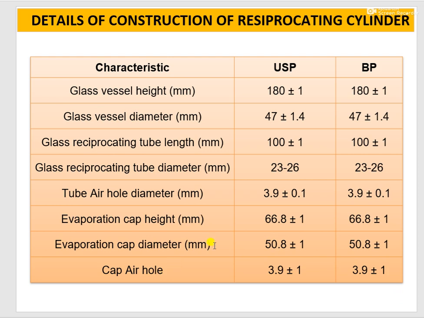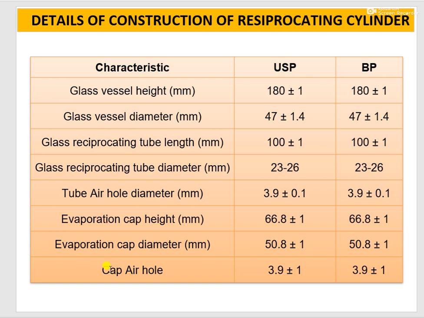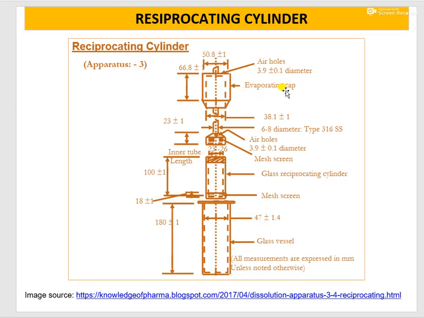Then evaporating or evaporation cap diameter 50.8 millimeter. Then cap air hole 3.9 millimeter. So evaporating cap will have hole and the hole diameter will be 3.9 plus or minus 0.1 millimeter.